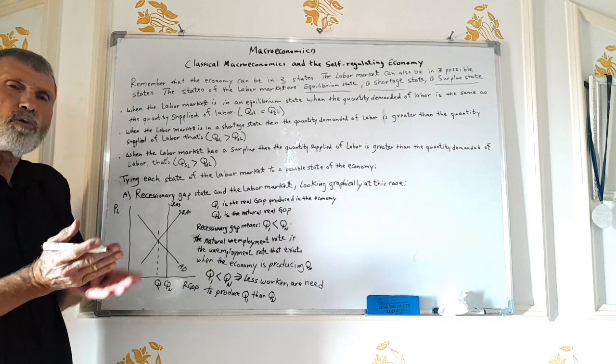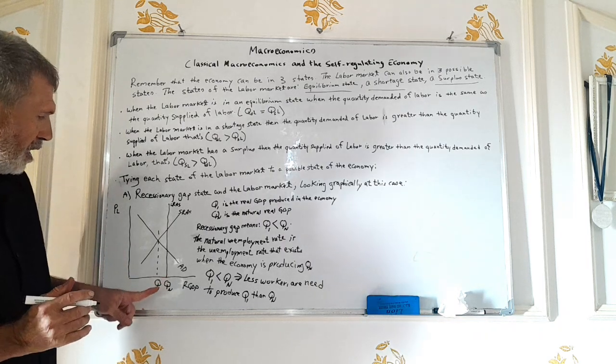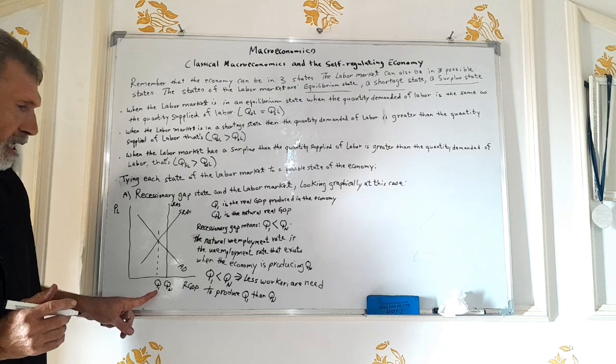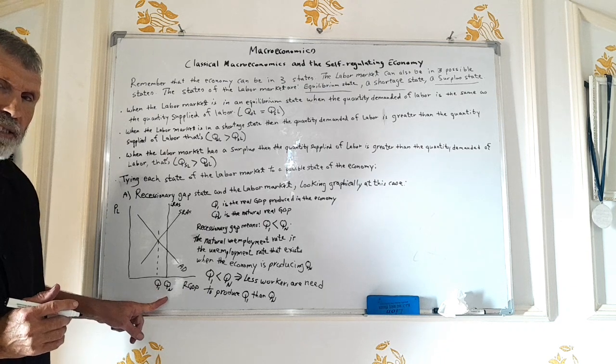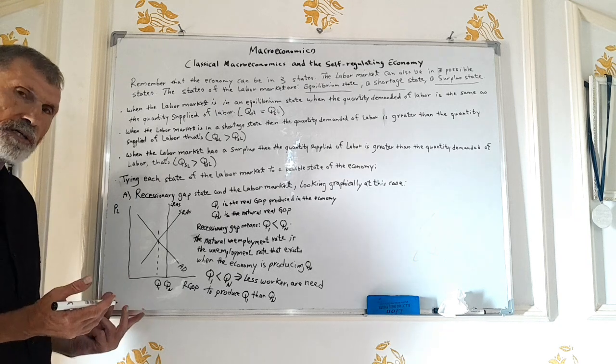The expectation is that the unemployment rate that exists at Q1 is higher than the unemployment rate that exists at Qn, because you have less workers.